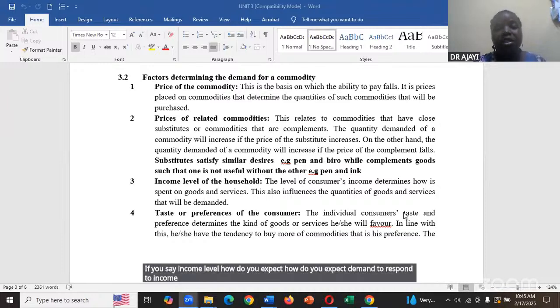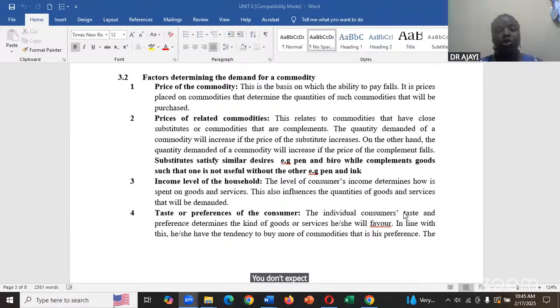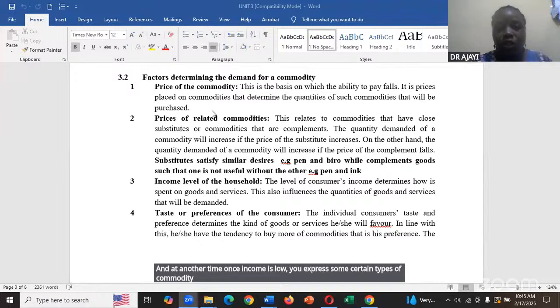When one's income is low, you don't expect people to demand much of a particular commodity. And at another time, once income is low, you expect certain types of commodity to be demanded because income is low.